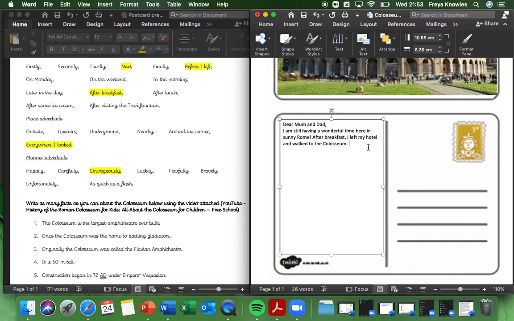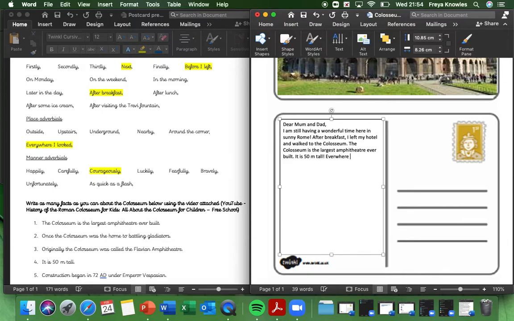Then I'm going to try and add in a fact, so I'm going to choose my fact down here. The Colosseum is the largest amphitheatre ever built. It is, so I'm going to use another fact, 50 metres tall.